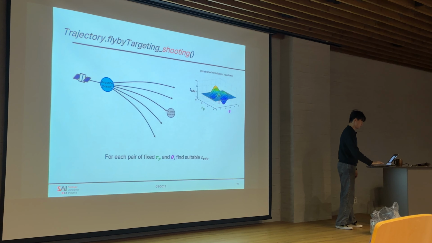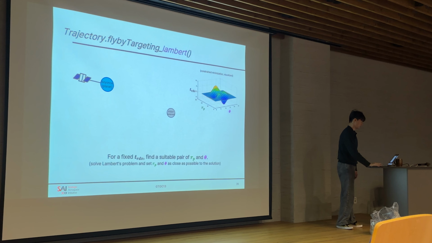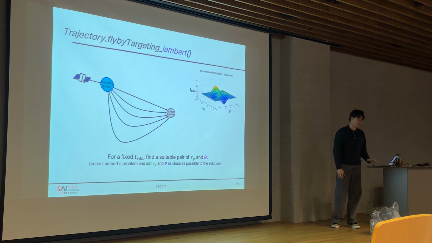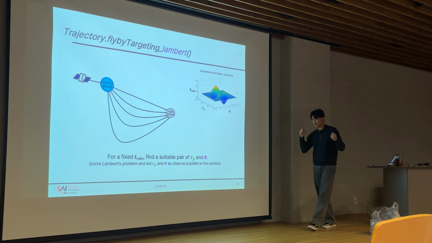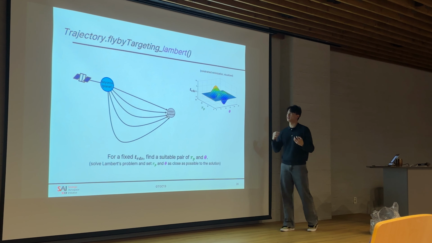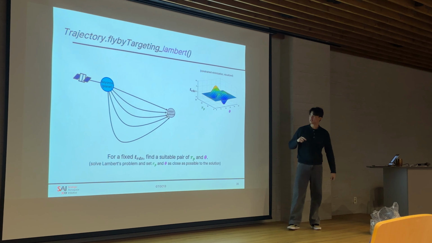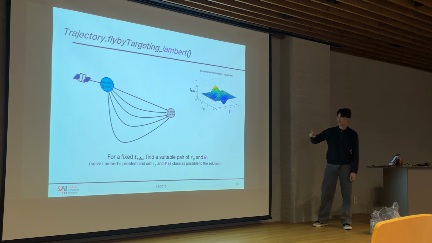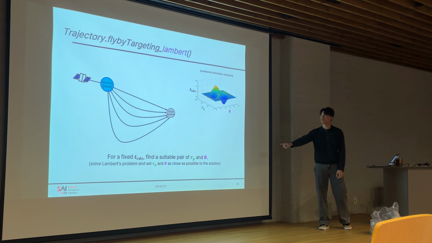But you have another method to do that by solving Lambert's problem. As you might already know, the Lambert problem is a problem where you specify the initial and final location of the spacecraft and the time to take the transfer. So this time we fix not the RP and theta, but T rendezvous first.